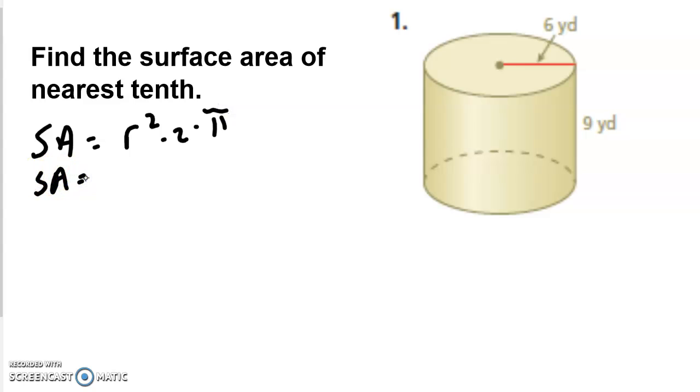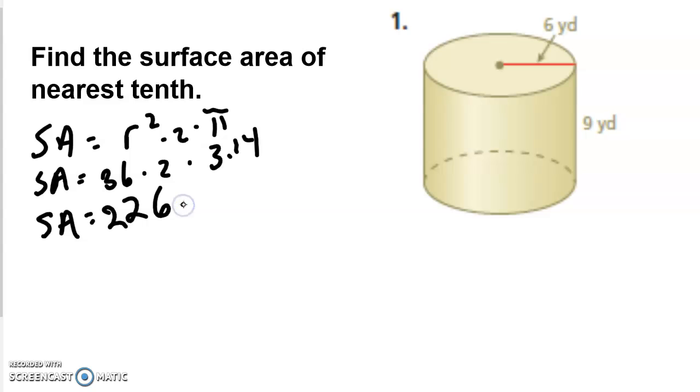So the radius is 6, so 36 times 2 times 3.14. Now this is where we would be using a calculator. We're probably not showing every single thing. 36 multiplied by 2 is 72 times 3.14. You end up with 226.08 yards squared. Now remember, that's for the top and the bottom.